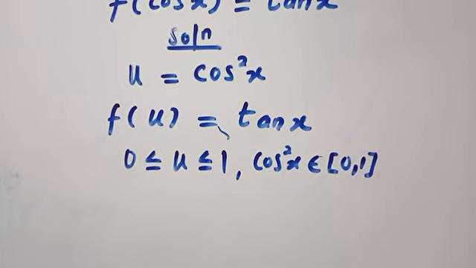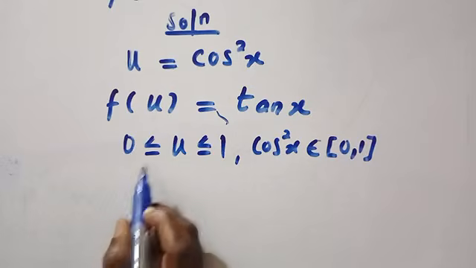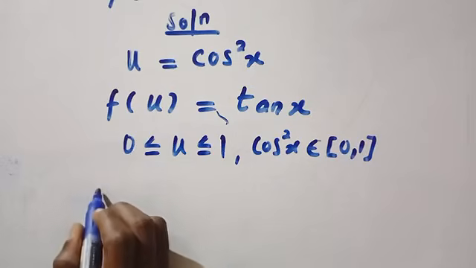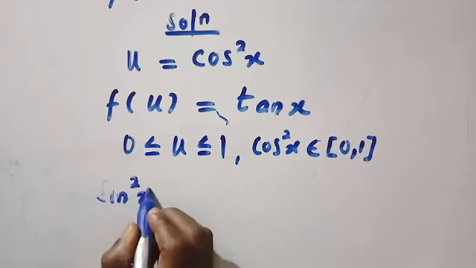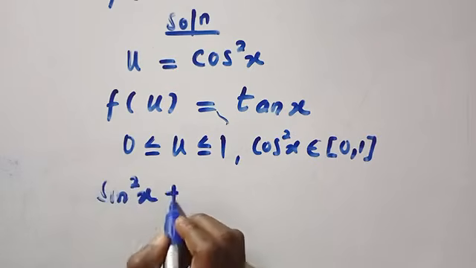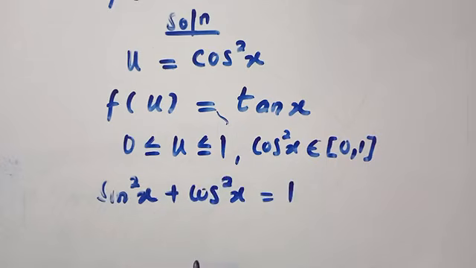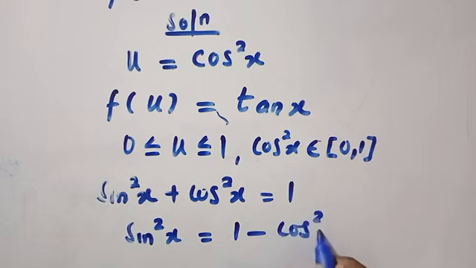Then we also need to derive some relationship between the cos and the sine. If you recall that sine squared x plus cos squared x equals 1, then by making sine squared x the subject of the formula, we have sine squared x equals 1 minus cos squared x.